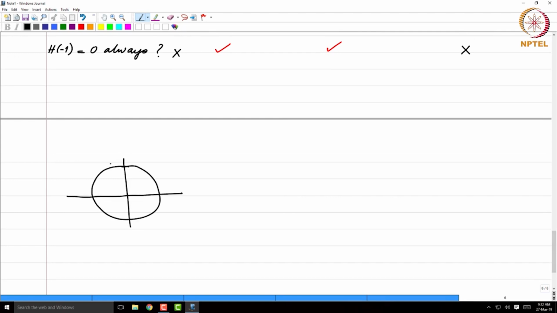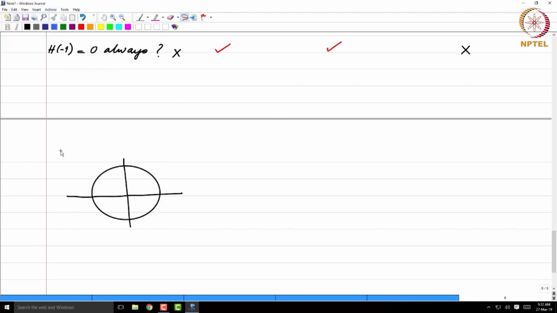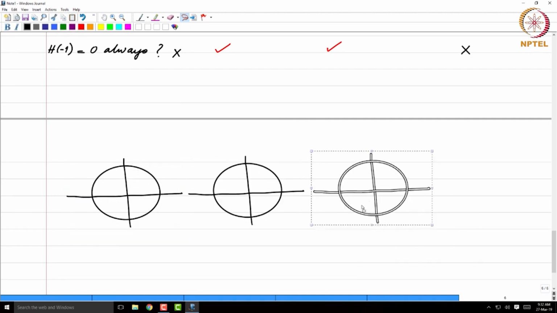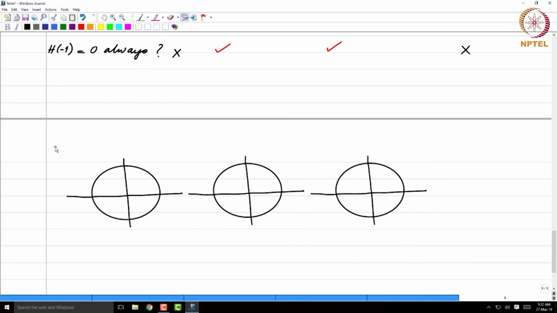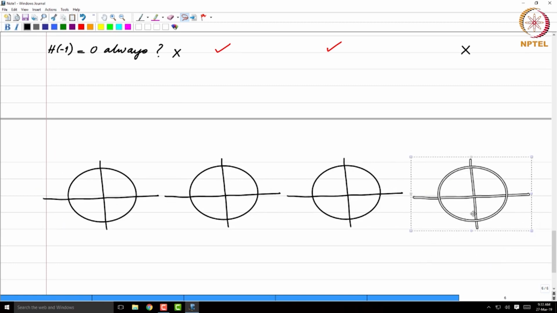So, in the z plane, so this is 1, 2, 3 and 4.